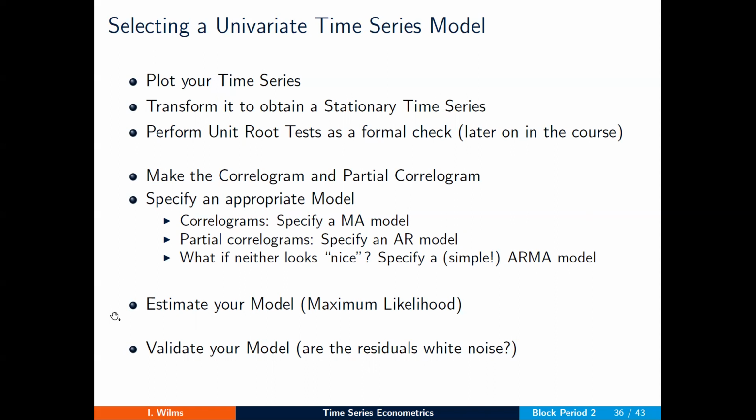After you have specified the model, of course, you want to estimate the parameters, which we will do via maximum likelihood. And then finally, once you've obtained your estimated model, you want to validate it. Namely, you want to check if the residuals are white noise or reasonably close.